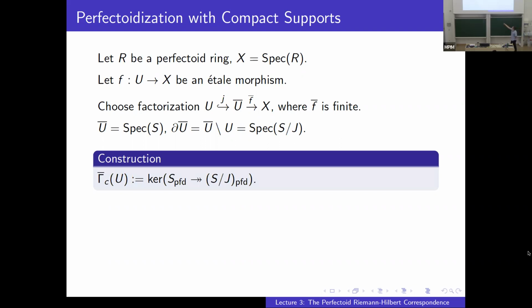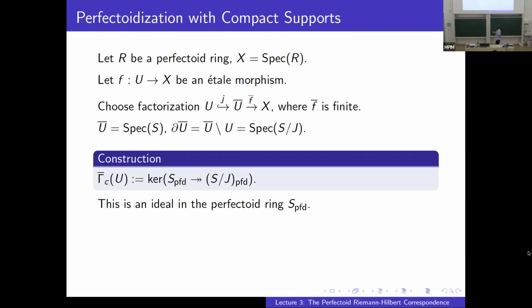And the perfectoidization of S maps surjectively onto the perfectoidization of S mod J. And I want to take the kernel of that surjection. So that's some ideal in the perfectoid ring S puffed. I'm going to denote it by Γ bar C of U. So the C is to make you think of compactly supported. I want to think of this as some notion of the perfectoidization of U with compact supports.